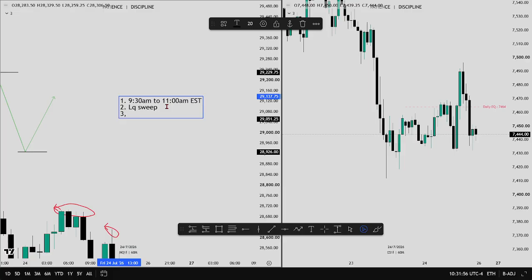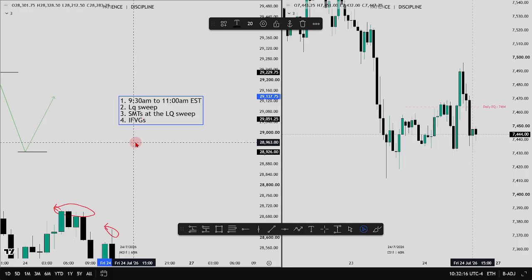After the liquidity sweeps, I look for SMTs at the liquidity sweep. Then I go for my entry function, which is the IOFVGs. Someone will ask, what time frame should I use?